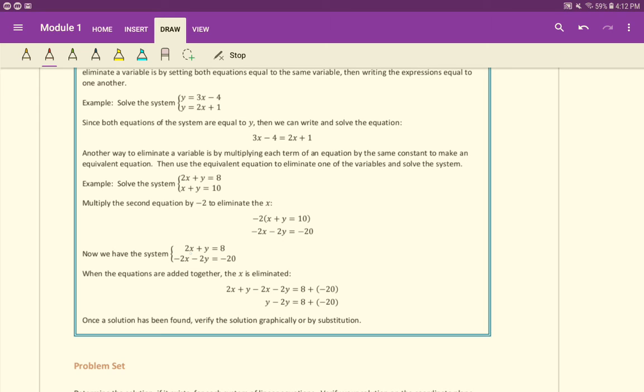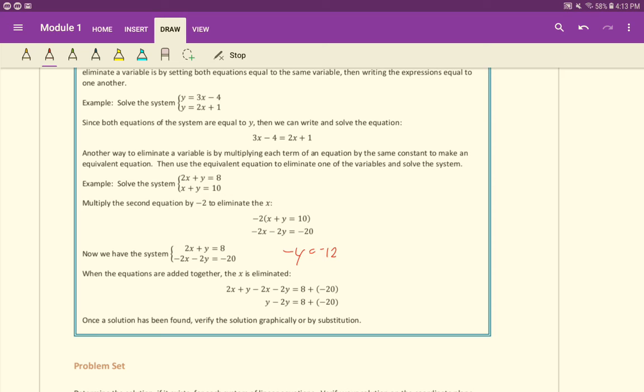If you add these two equations together though, what happens to these x's? What's 2x plus -2x? It cancels, right? What's y plus -2y? That's going to give us a -y. And what's 8 plus -20? That's going to give us -12. And look at that.